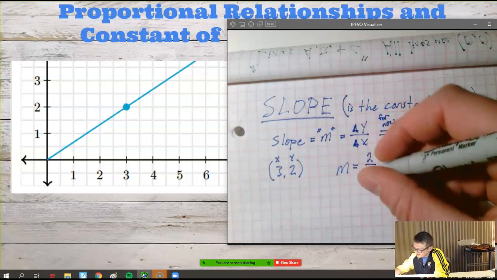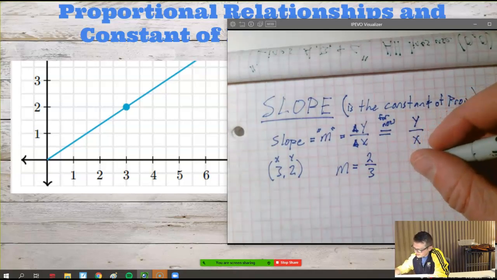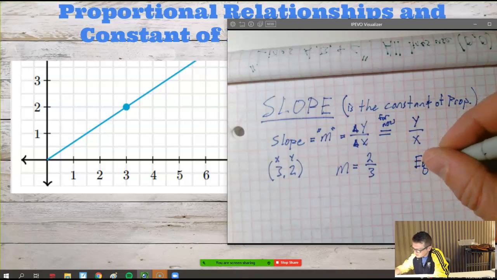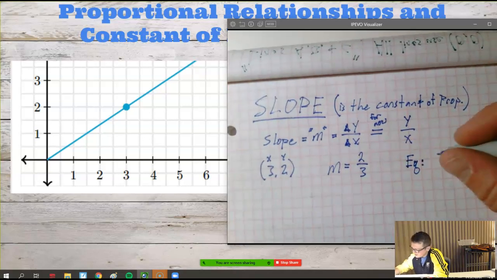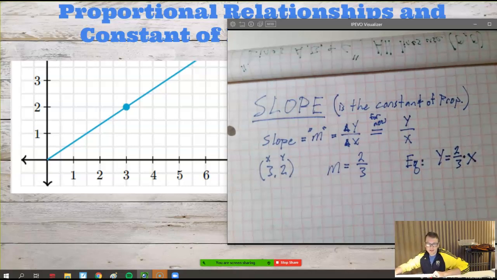The y over the x. And that means that then our equation for that situation is... Yeah, thank you, Miriam. y equals 2/3 times the x.